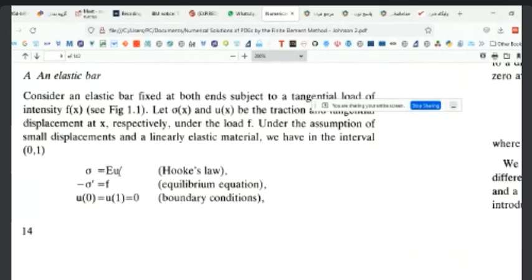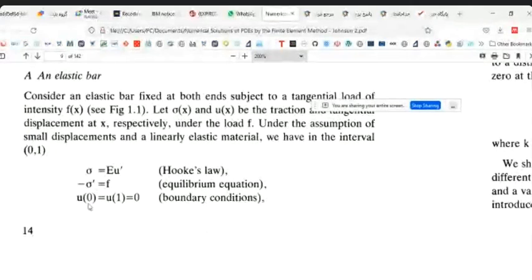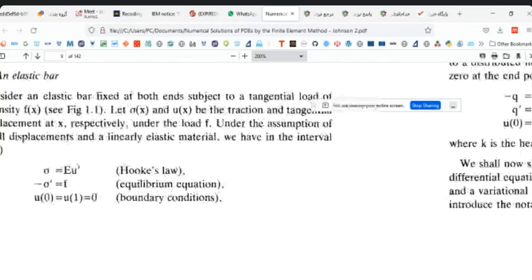Sigma equals E u prime by Hooke's law in elastic mechanics, and minus sigma prime equals f, which refers to the equilibrium equation in that field of mechanics. And u0 equals u1 equals 0 as the boundary condition in this case.